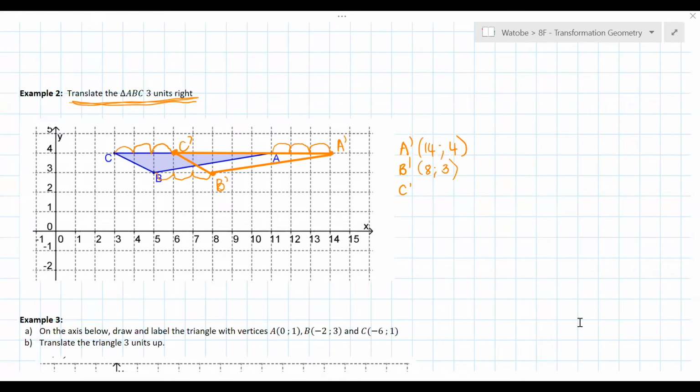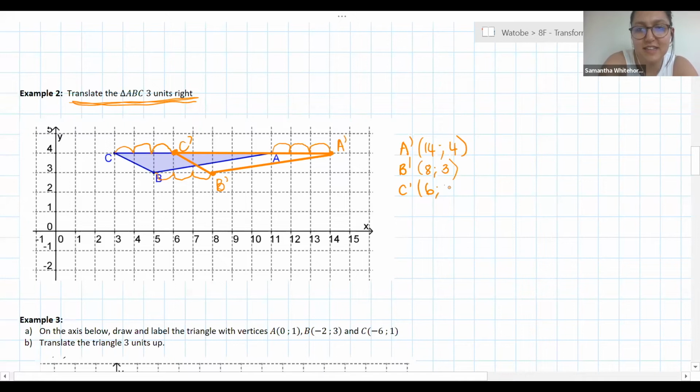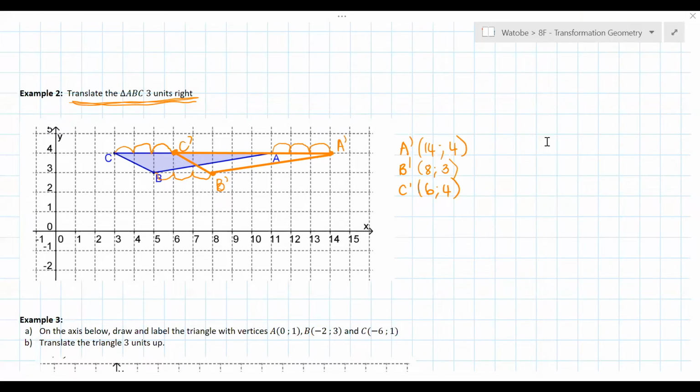Tlogi. Yes, ma'am. Okay. So C, ma'am, it's 6 and 4. Excellent. Okay, so C dash is at 6, 4. Thank you so much. So those are our coordinates for the new triangle A dash, B dash, C dash.